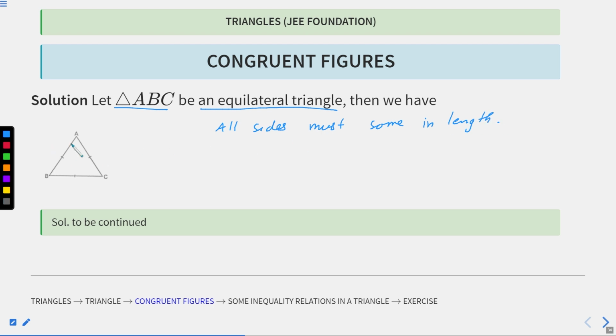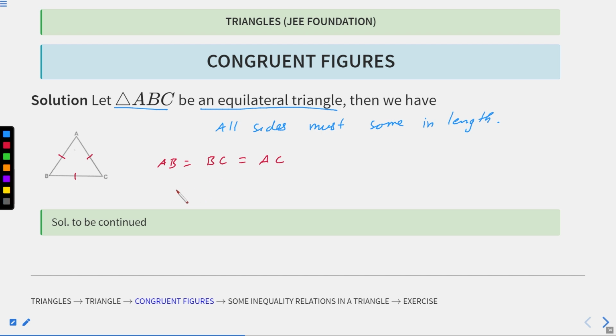So here AB is equal to BC, and BC is equal to AC, and AC is equal to AB. I hope this is clear to you. So AB length is equal to BC length, which is also equal to AC length.